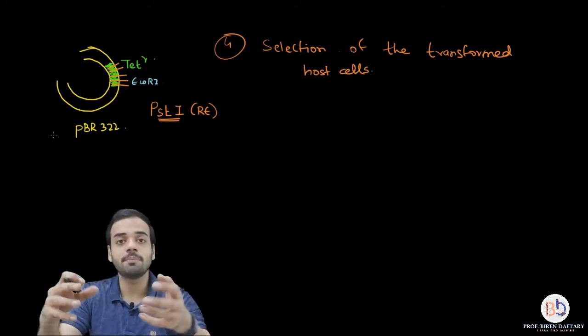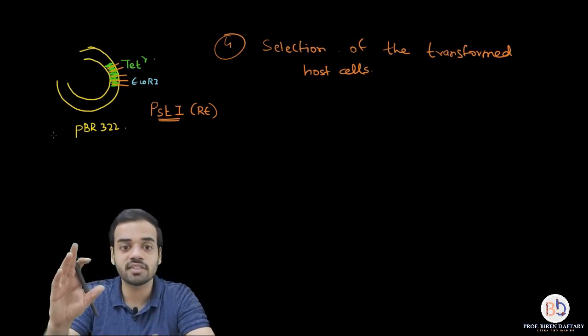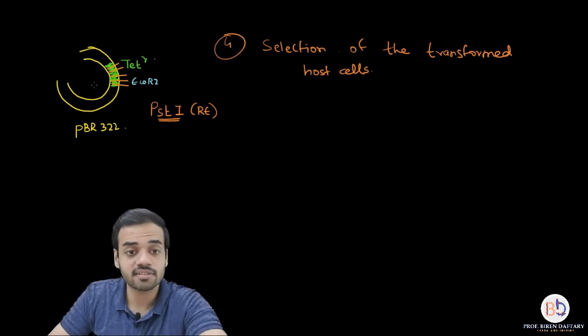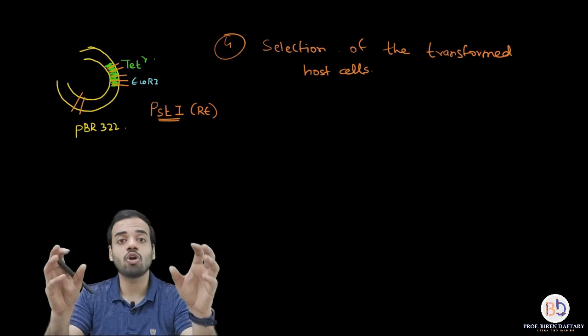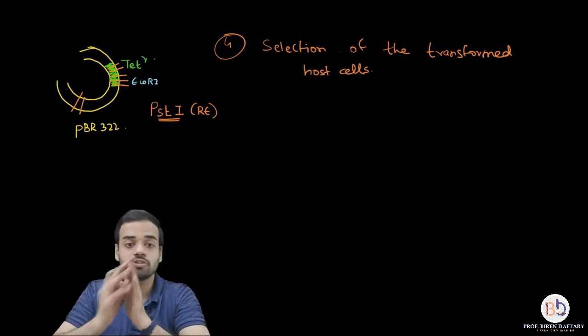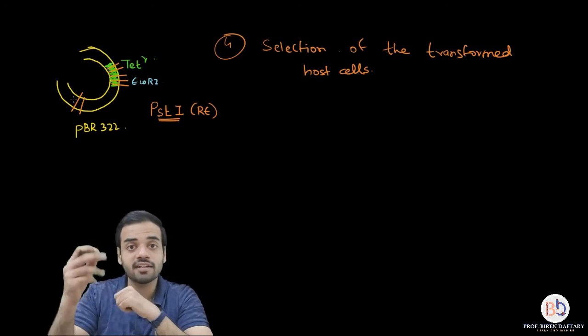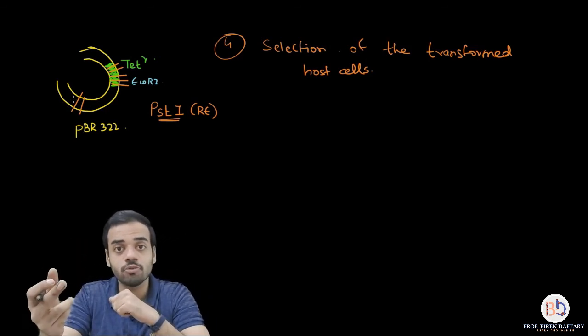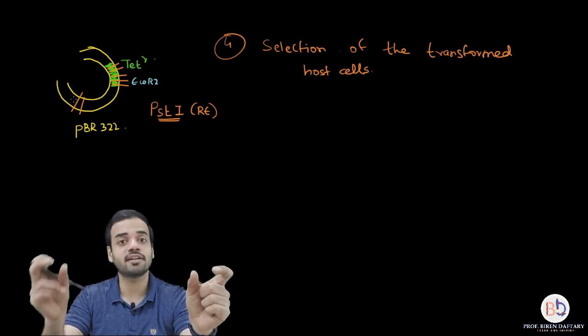So depending on which restriction enzyme you use, that area will be cleaved or removed by the restriction enzyme. Also remember, there are certain restriction enzymes present in areas which are not of the marker gene. If the restriction enzyme which I have drawn below cuts PBR322, then that PBR322 will have both resistances, ampicillin resistant and tetracycline resistant.